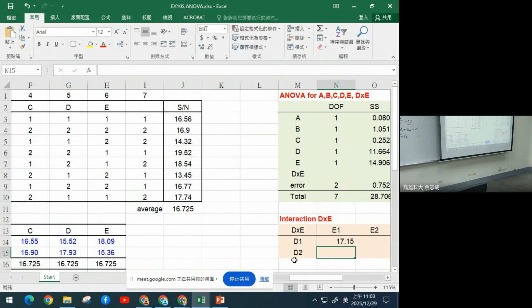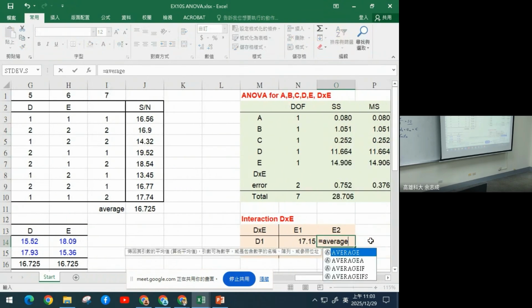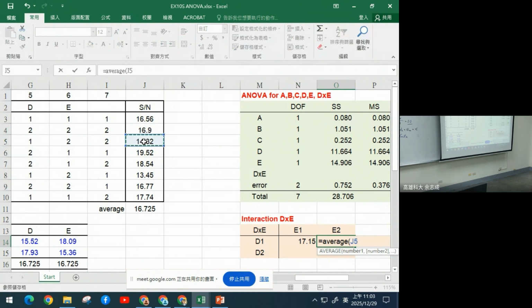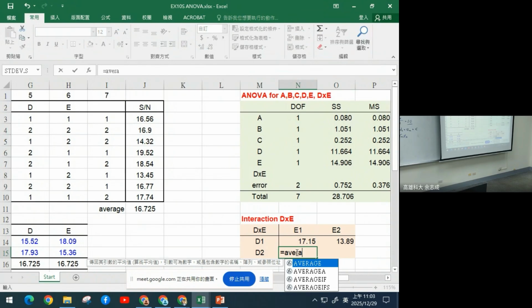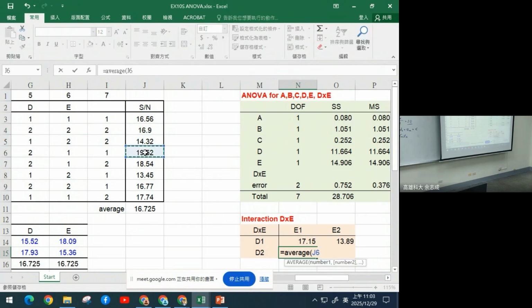How about 1, 2? D level 1, E level 2. You can find out this experiment is like that, and also this experiment is also 1, 2. So there are two experiments, there are two designs which has the combination D1, E2, same thing. 2, 1, this one, and 2, 1, that one.